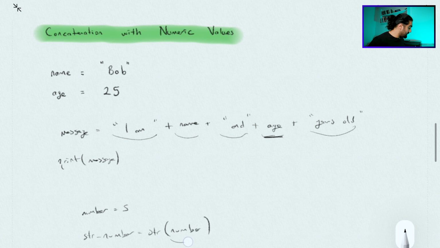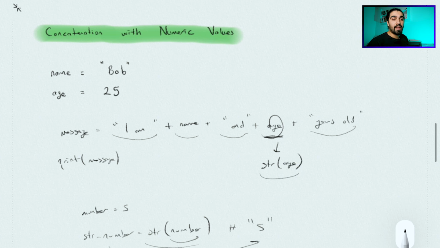It's going to take this number and give me a str instead of an integer. My result will be something like this. So this is our number in string. Since this is a string now, I can use it with the plus operator. I can concatenate all of my strings.